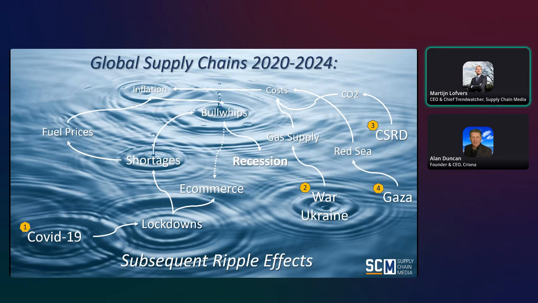And of course, since last October, we saw the conflict in Gaza, leading to the Red Sea and all kinds of cost increases. But then you see all kinds of ripple effects, bullwhips, and maybe heading to a recession or not. So this is what you're referring to, and this is the need for resilience.